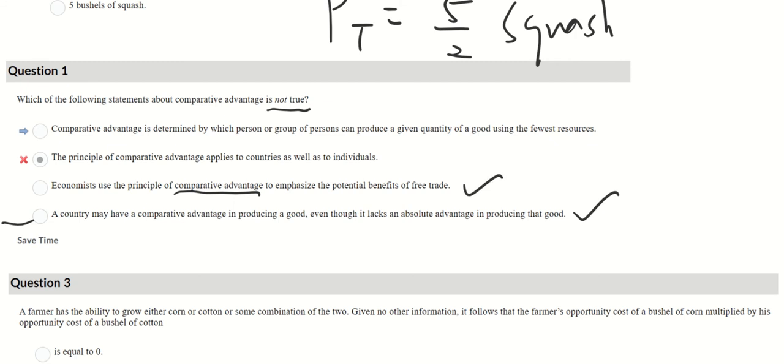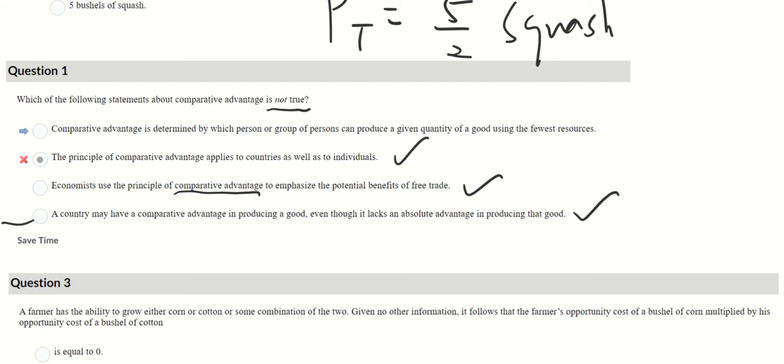The second one says, the principle of comparative advantage applies to countries as well as individuals. That is true. If you think about the question we're having in this quiz, we have countries like Brazil and Argentina. We also have individuals like Arturo and Dina, right? So this idea of comparative advantage really applies to everybody, not just individuals, also countries and companies and so forth.